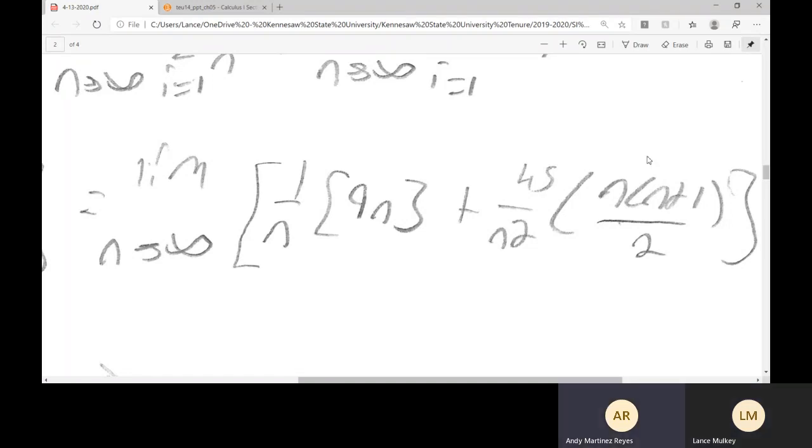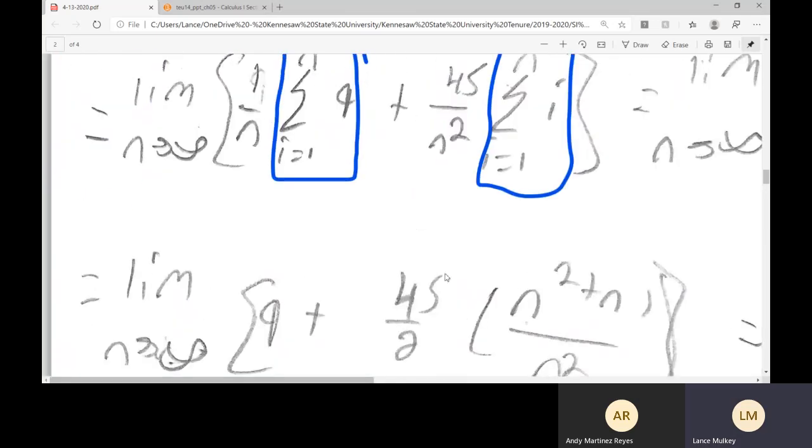I got it simplified to 9 plus 45 over n squared times n squared plus n over 2. And then does the n squared cancel out? Well, pull the 2 out, and you have n squared over n squared plus n over n squared, so 1 over n.